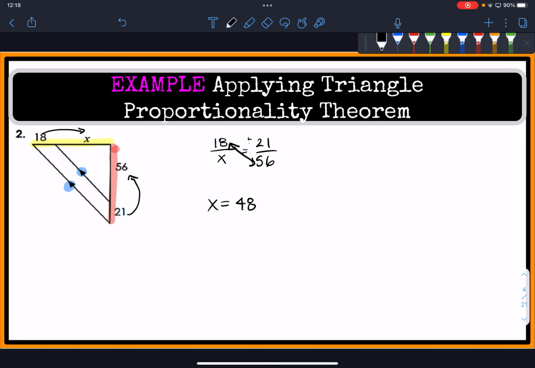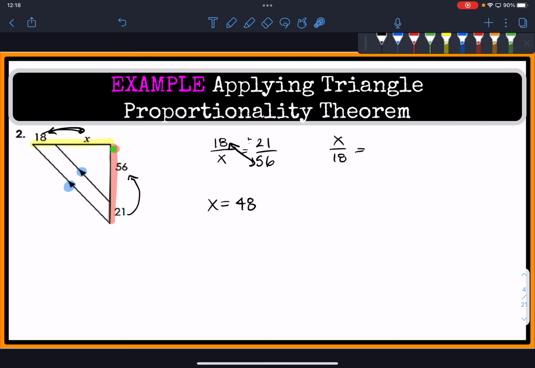Now, had I decided to divide the other way, had I decided to divide the x by the 18, the longer segment divided by the shorter segment on this top side, x divided by 18, I would just simply have to do the same thing on the other side.